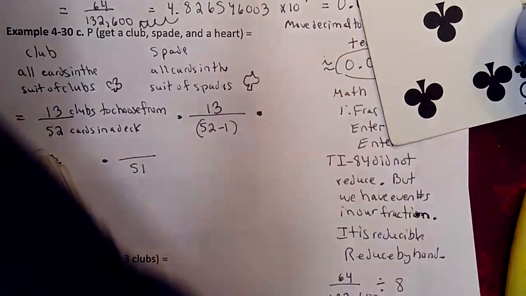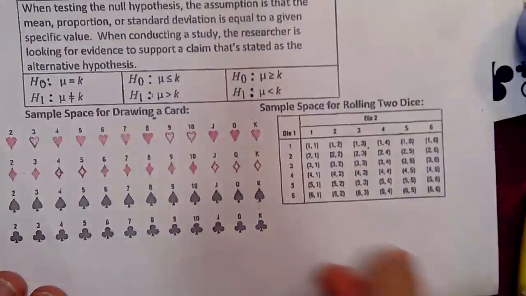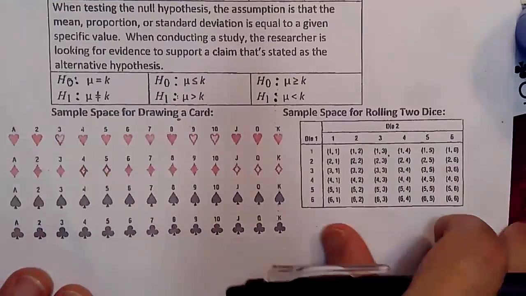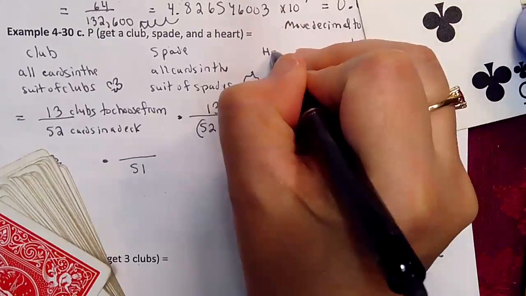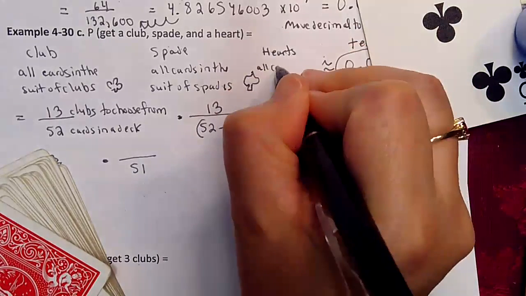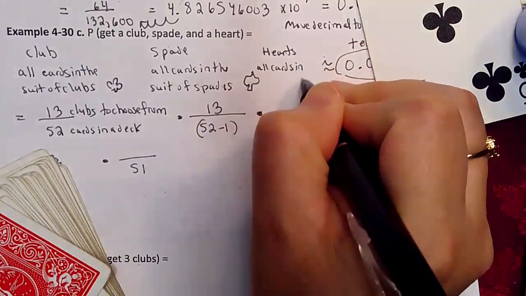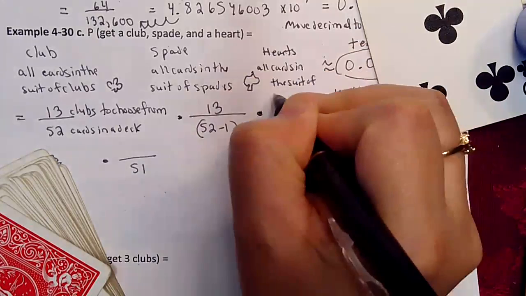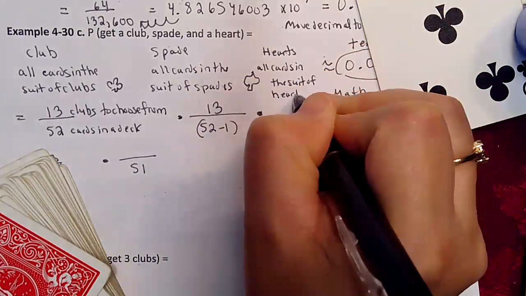And on your hearts, don't you also have 13 that you can choose from? All cards in the suit of hearts. So it'd be 13 of them.